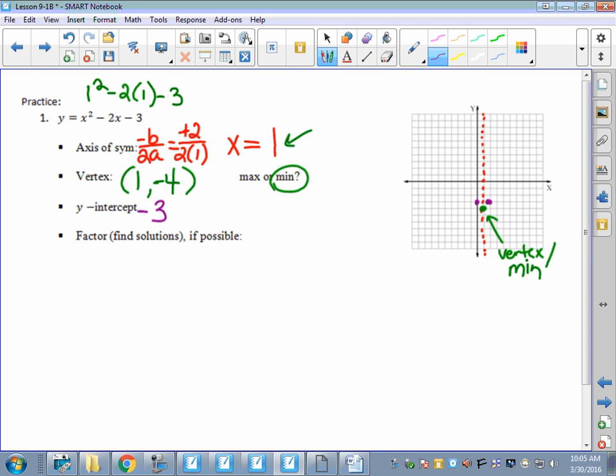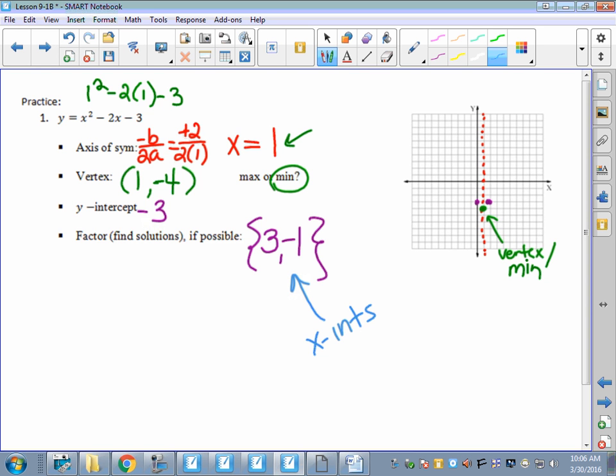And last but not least, I believe we found the solutions. To me, that's not enough information to draw my parabola. It's too squinched together, so I'm not exactly sure what it's going to look like. But we found the solutions 3, -1 when we factored that. Factoring won't always work, but it did in this case, so I'm going to put those on the x-axis. Remember, these are our x-intercepts.